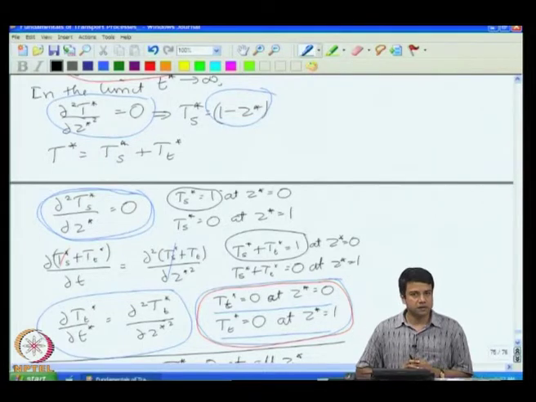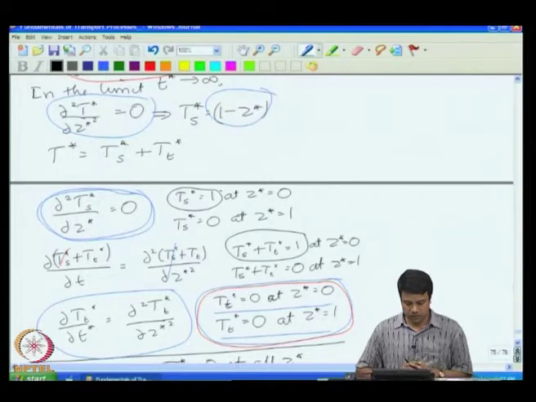However, there is a difference in the boundary conditions. For the steady part, I have Ts is equal to 1 at z is equal to 0 and Ts is equal to 0 at z is equal to 1. For the total temperature profile, I have Ts plus Tt is equal to 1 at z is equal to 0 and Ts plus Tt is equal to 0 at z is equal to 1.